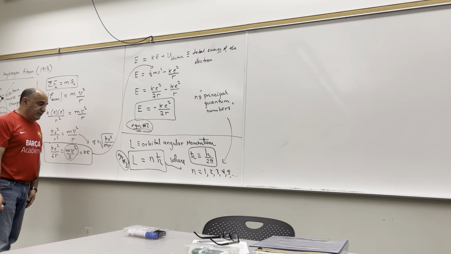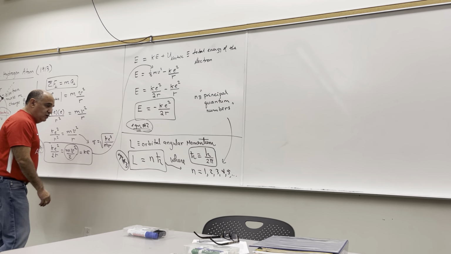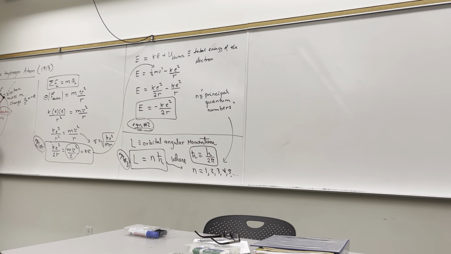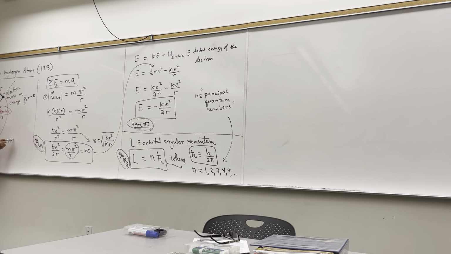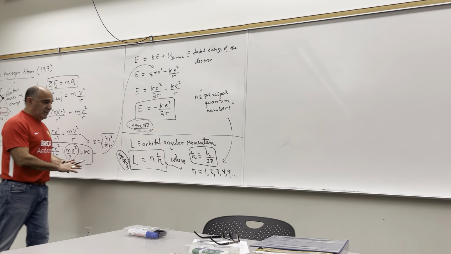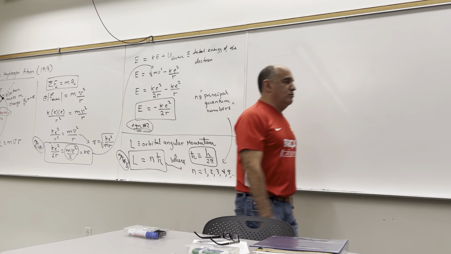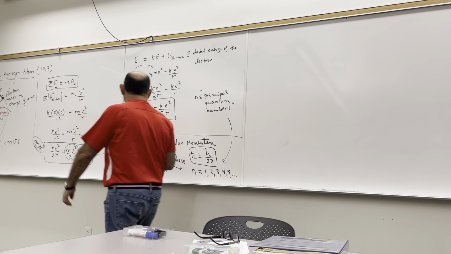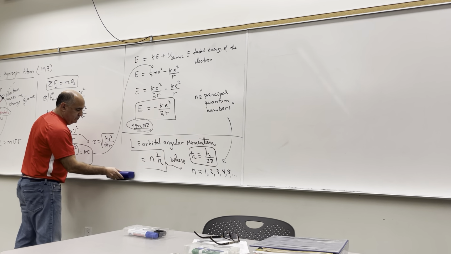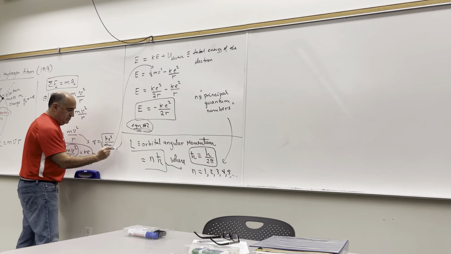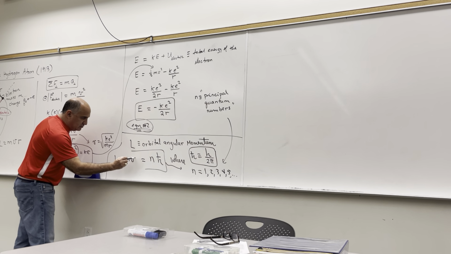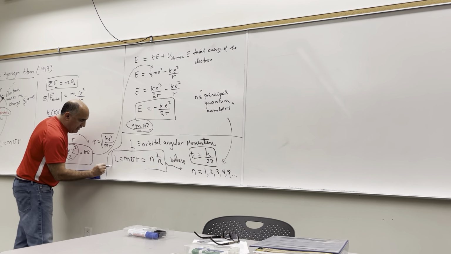By the way, if this is moving in a circular path, the orbital angular momentum is m, the mass of the electron, times the speed, times r. So he says that this total orbital angular momentum, mvr, is equal to that.